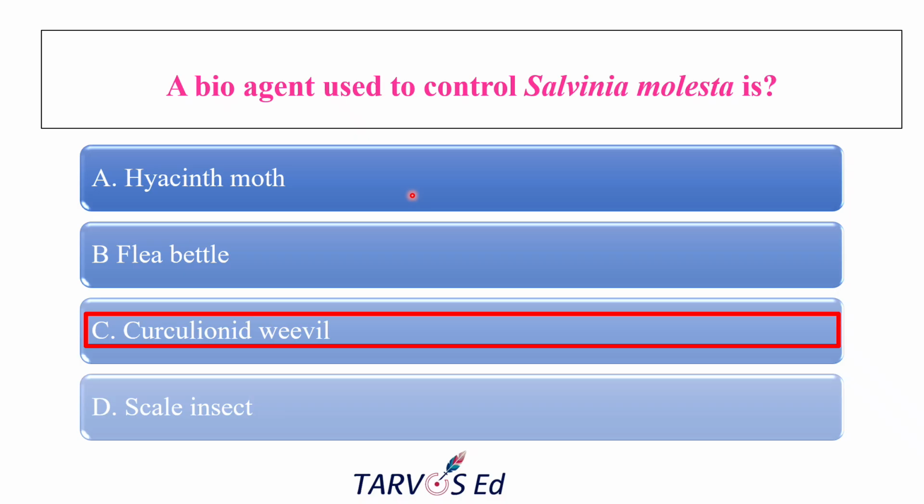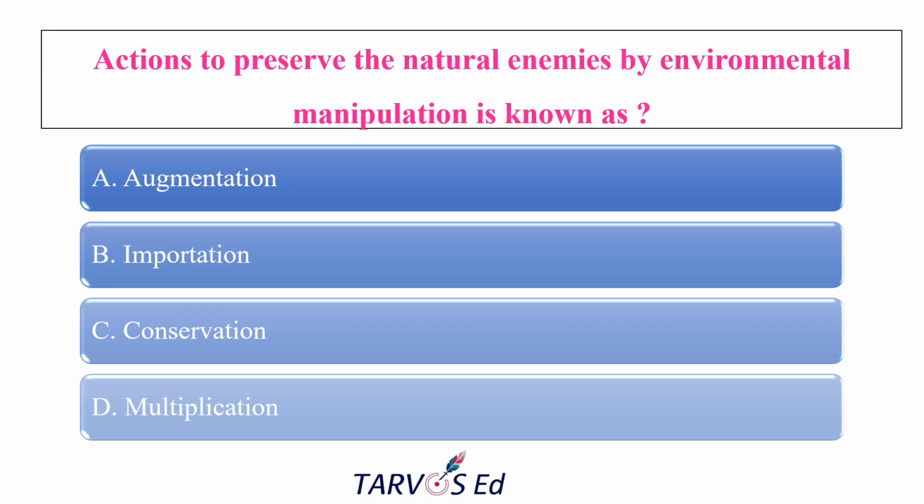The main origin of the insect is Mexico. So Zygogramma is used to control the weed Parthenium, and Dactylopius opuntiae is used to control the weed prickly pear. And this curculionid weevil, that is Cyrtobagous salviniae, is used to control Salvinia molesta. That's it.